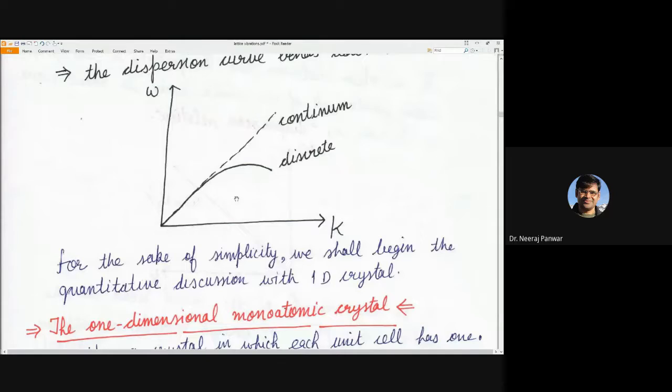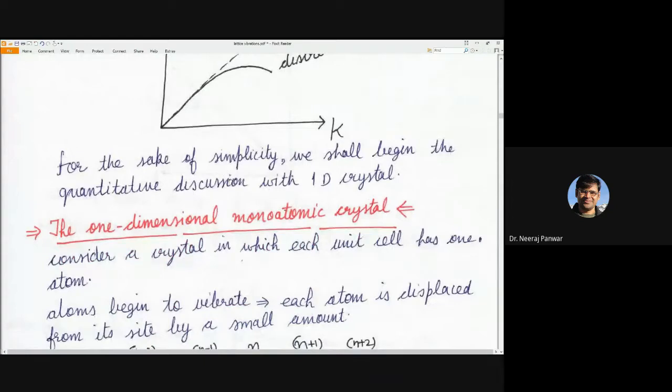So in order to understand this behavior, in order to understand the deviation of the elastic waves from the linear omega versus k relation, we need to consider a one-dimensional chain. So first we consider a one-dimensional monoatomic crystal.